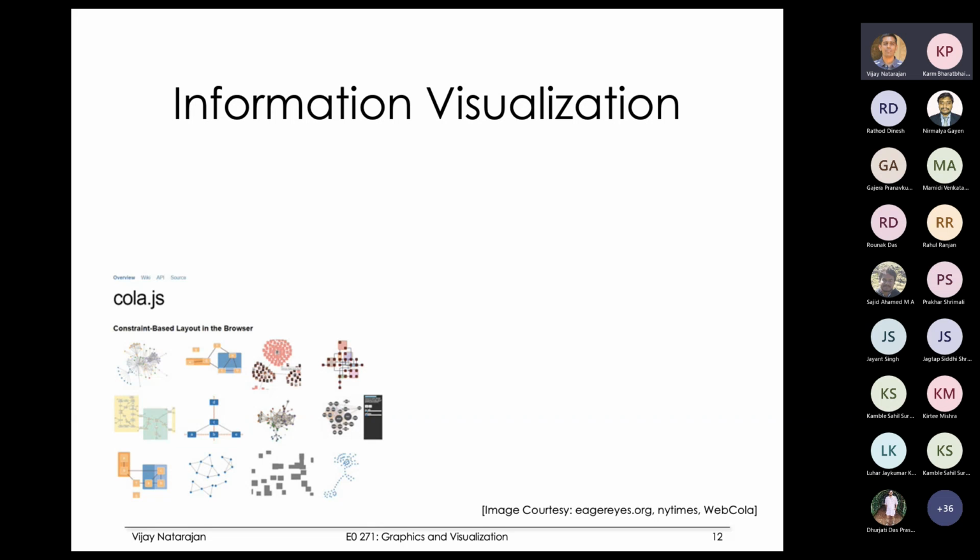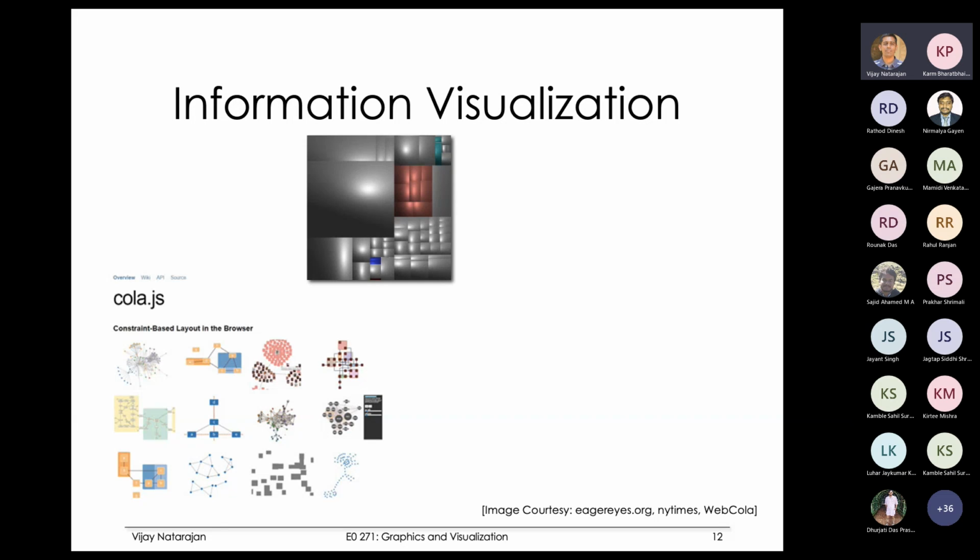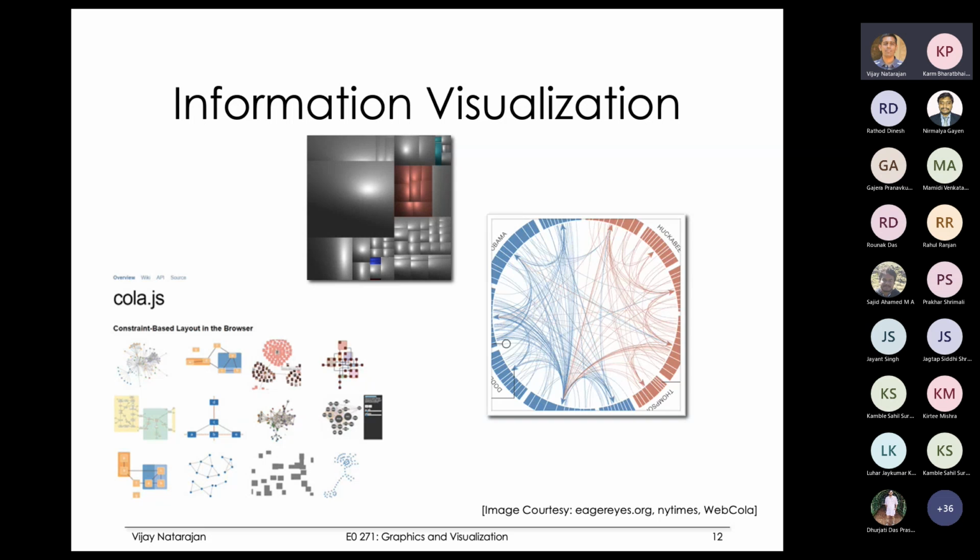So visualizing networks, graphs, visualizing different hierarchical representations, such as the file structures in your file system, right? Or voting patterns in the parliament or the Senate, election results, and so on.